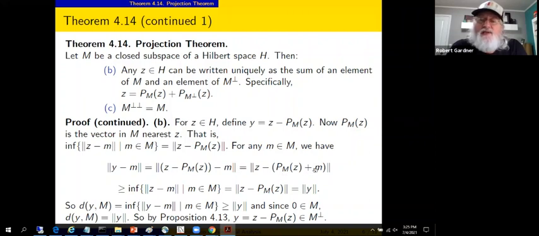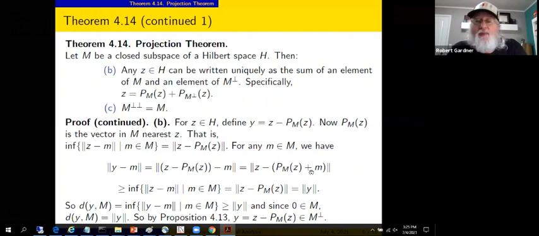Both of these are vectors in capital M. This is a projection of Z onto capital M, which is an element of capital M, and m itself is in capital M. So over here we have an element of subspace M. So this quantity would be greater than or equal to the infimum of the norm of Z minus elements of M.